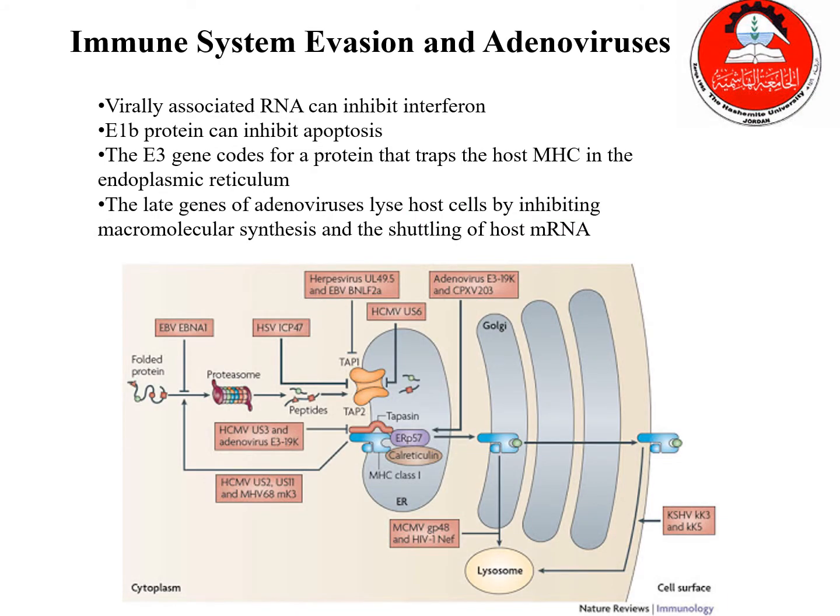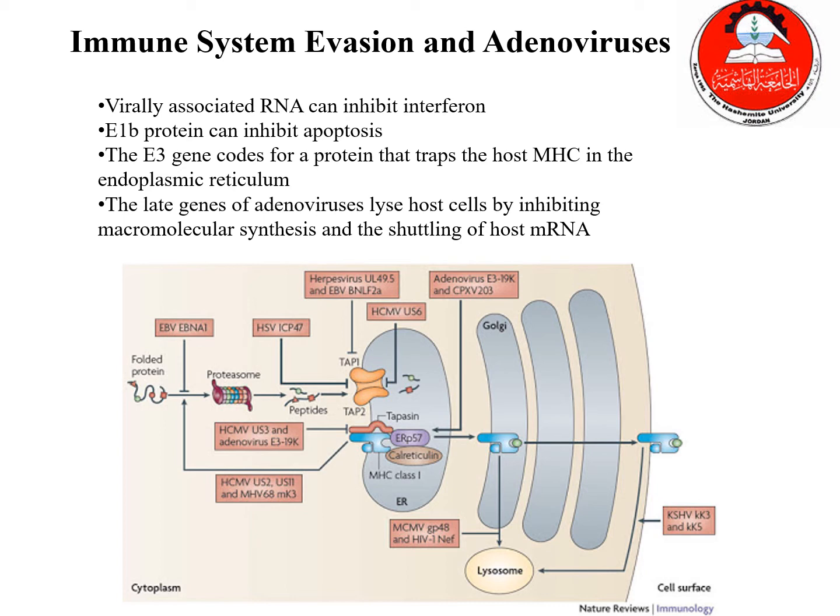The adenovirus has developed certain mechanisms to evade the immune system in our bodies, and there are multiple mechanisms. The virally associated RNA can inhibit interferon, so the first thing is interferon inhibition.